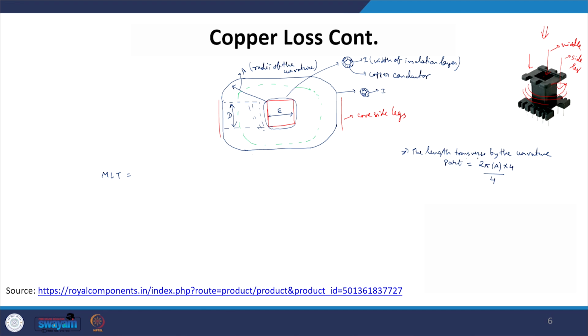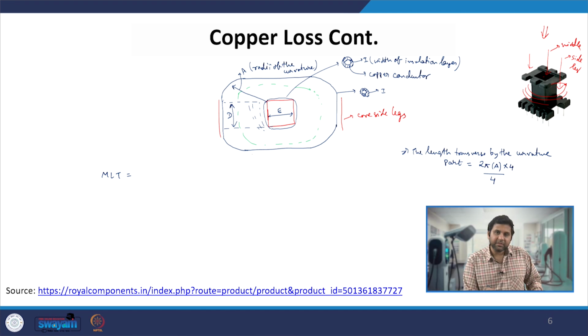Now this is the length traversed by the curvature for the extreme winding, and similarly it will be the same for the nearest winding as well.